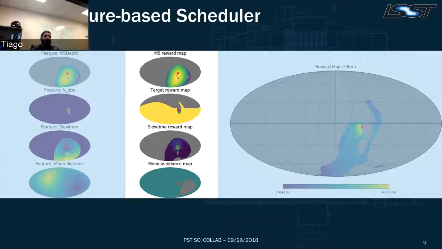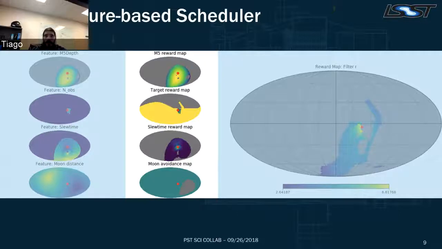But we want to apply a larger exclusion zone around the moon. So we introduce this moon avoidance map, which basically gives the same reward if you're far away from the moon. And the gray region means that region is not observable. So it really prevents the scheduler, in a hard way, from going to those regions.